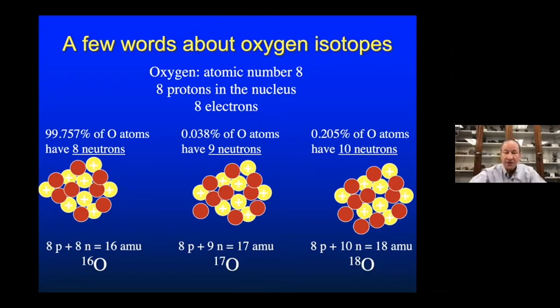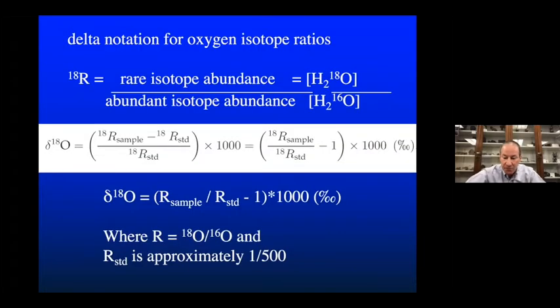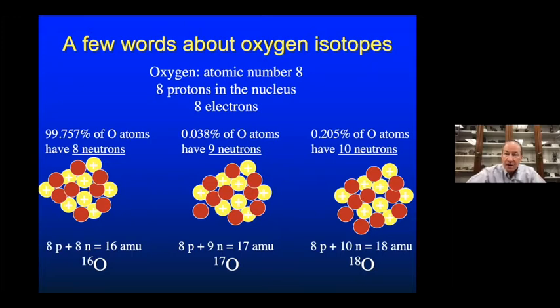They chemically are identical. They behave as oxygen, but physically they are different. They have different masses. And that becomes important in how they play out in the natural system and in how we can learn things from their redistribution.